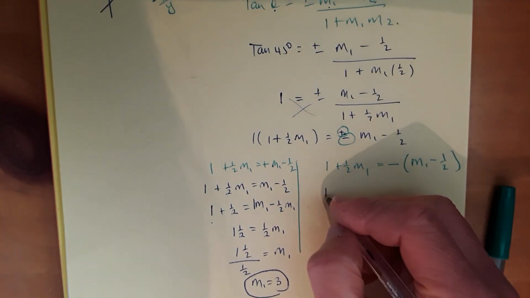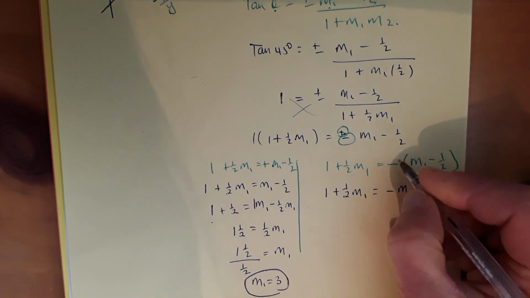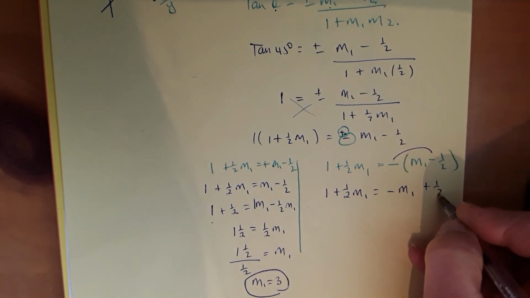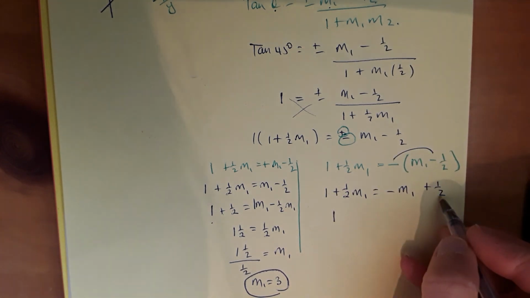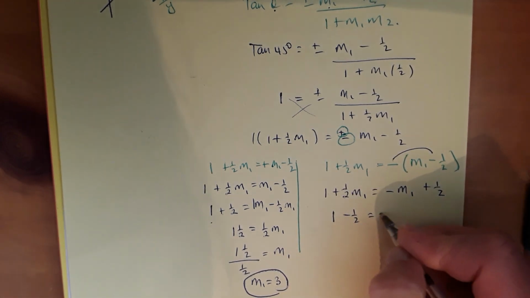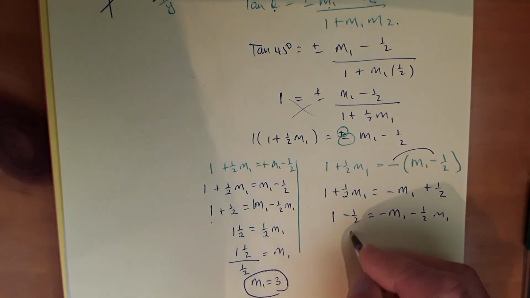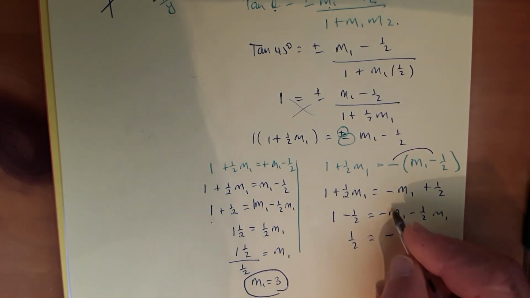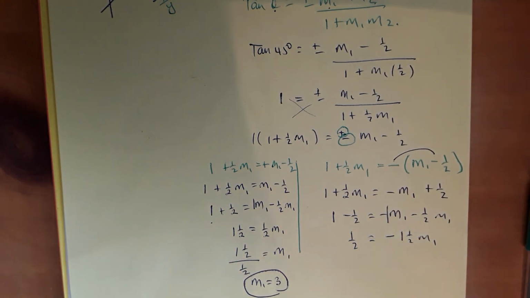Now we'll get the slope of the second one. So what do I have? 1 plus a half m1 is equal to minus (m1 minus a half), which is minus m1 plus a half. Bring all my m's together, bring all my numbers. 1 minus a half is a half, equals minus m1 minus a half m1, which is minus 1 and a half m1.